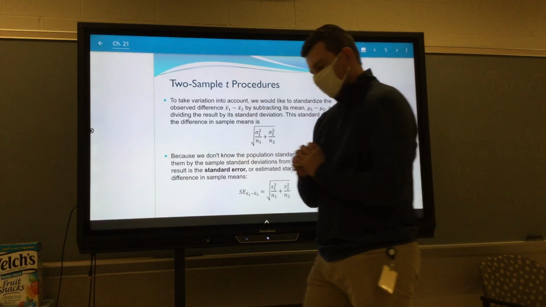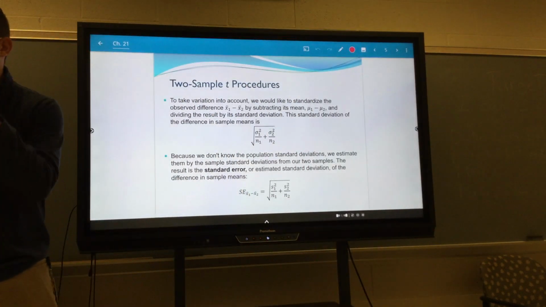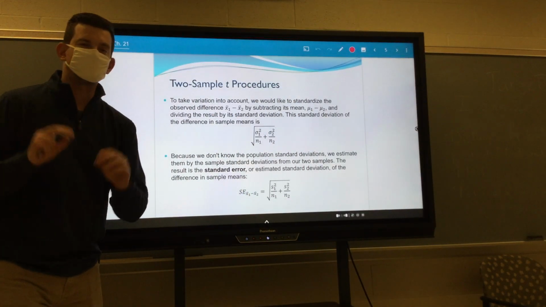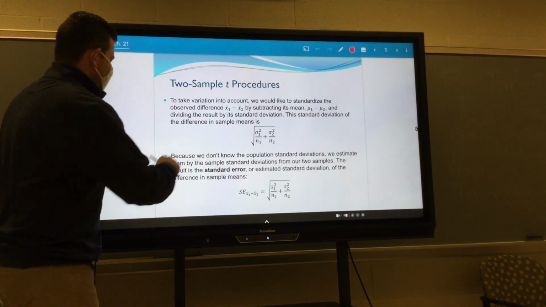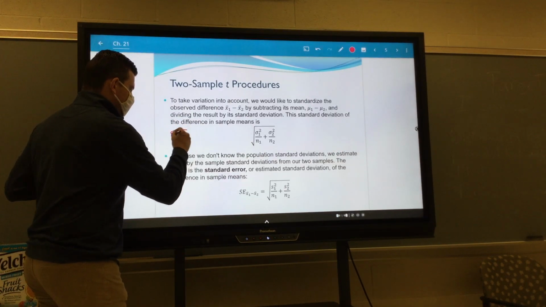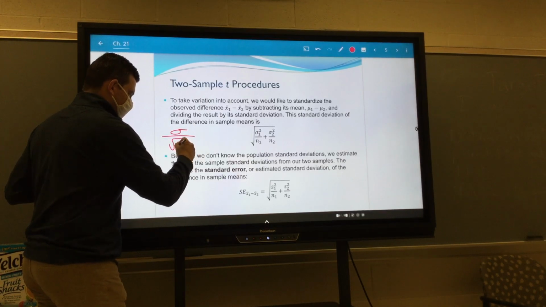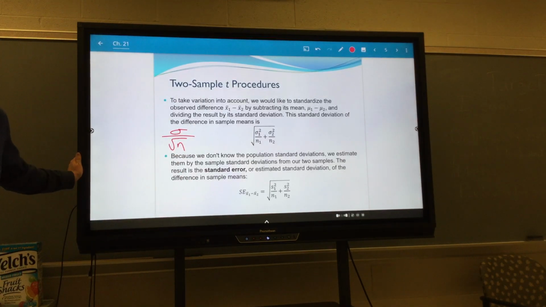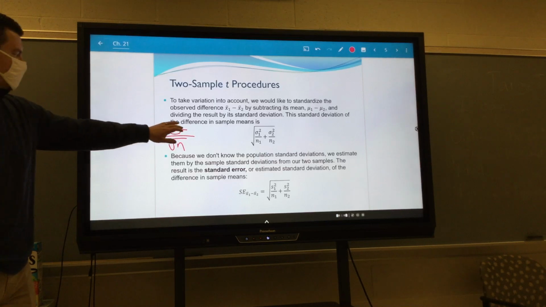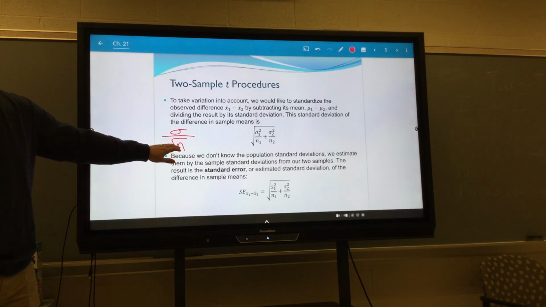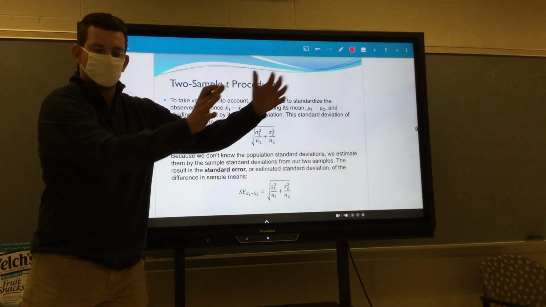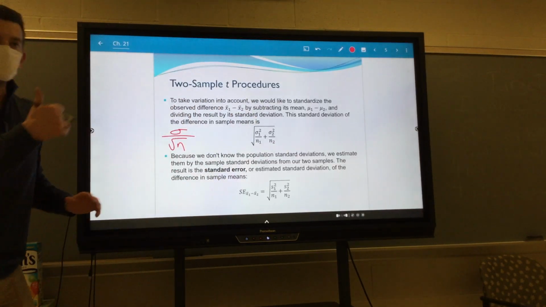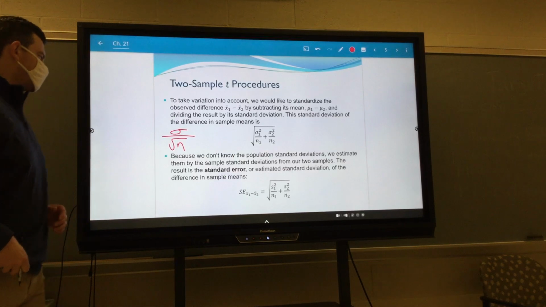So, to tweak our procedures for two samples, what we're doing is changing our standard error calculation. Now remember that ideally we had sigma over the square root of n when we're calculating our standard error. That was how we fit our step size on our normal distribution of the samples.